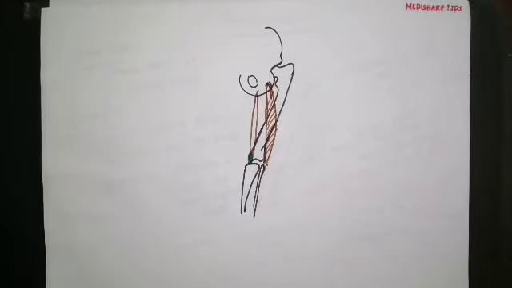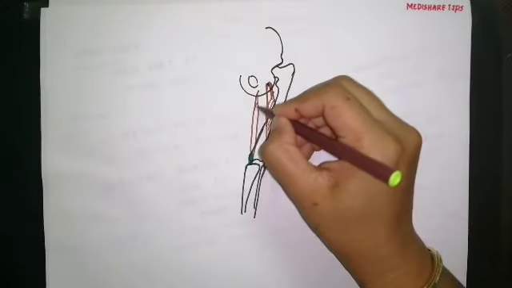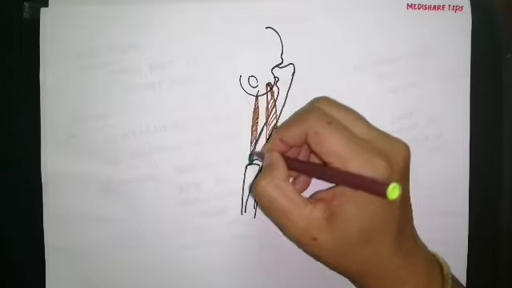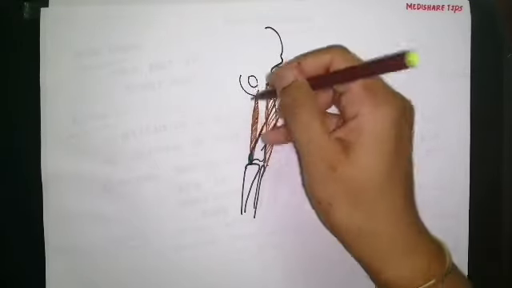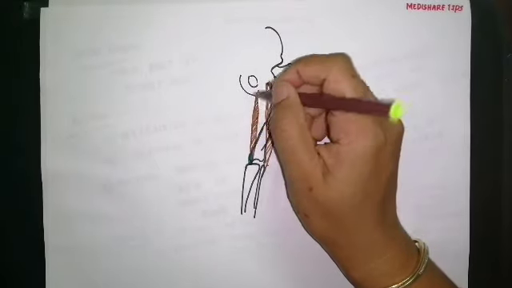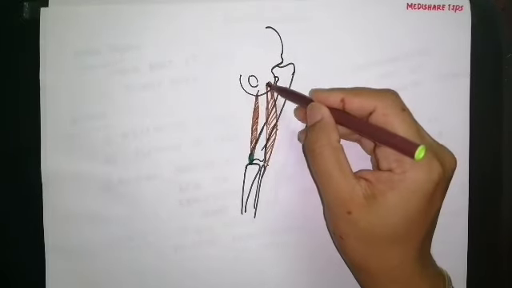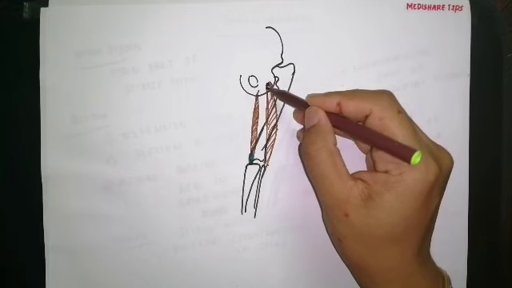And we have the semimembranosus muscle from the ischial tuberosity to the posterior part of the medial condyle of the tibia. Above the semimembranosus, we have the semitendinosus, which shares a common origin with the biceps femoris muscle.